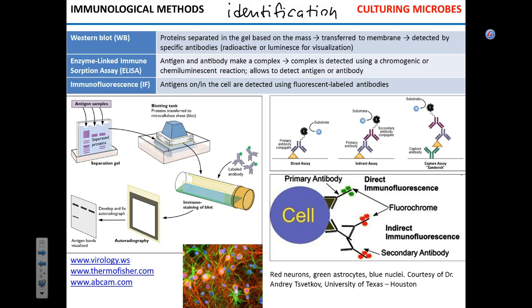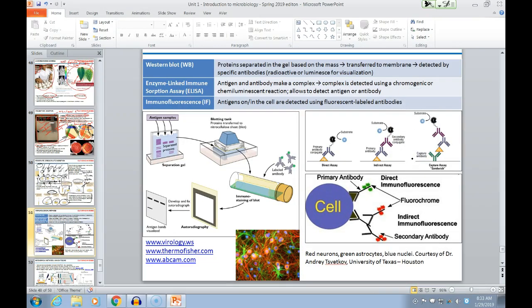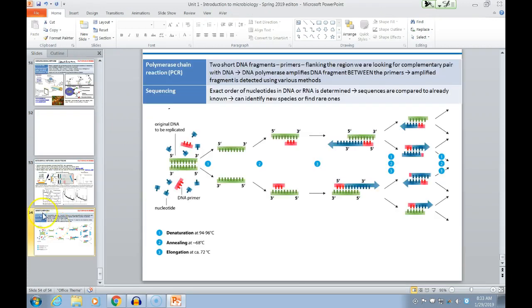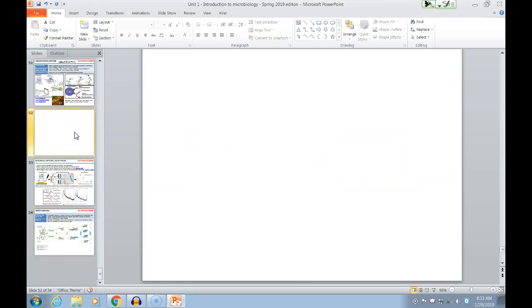And the first group of methods that I want to talk about is immunological methods. And in order to properly do it, just give me a second, we're going to talk briefly about the immunological basis behind these methods.